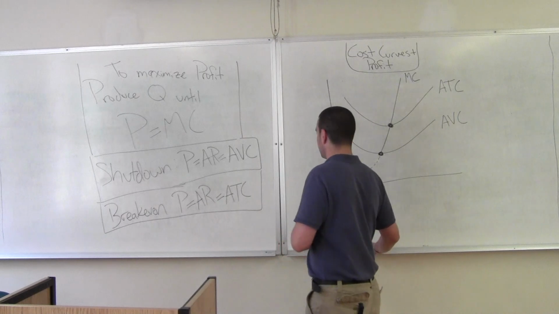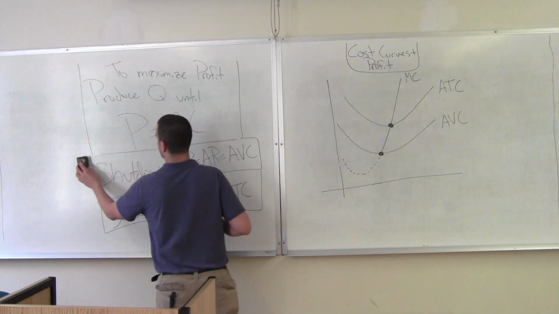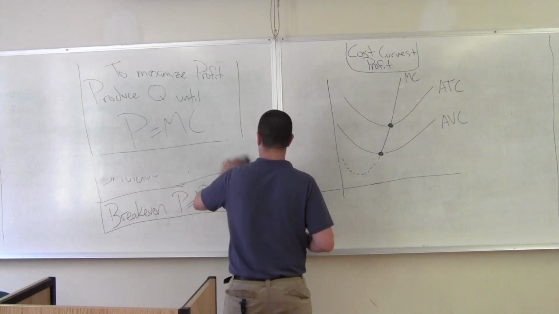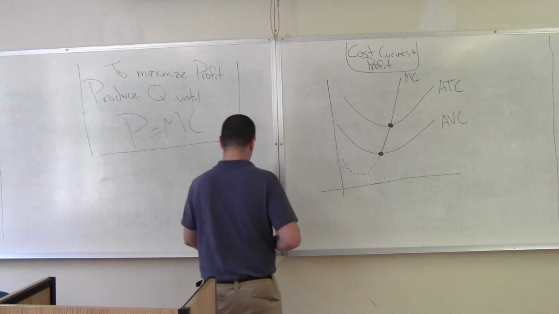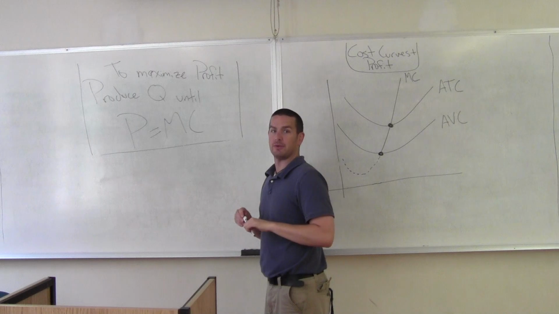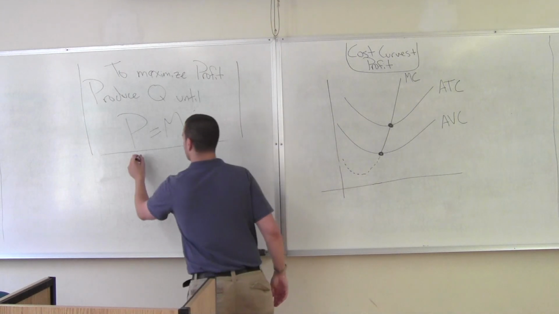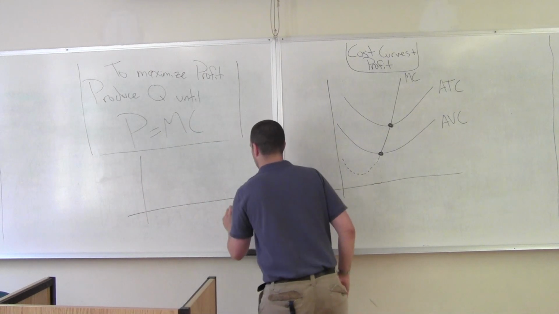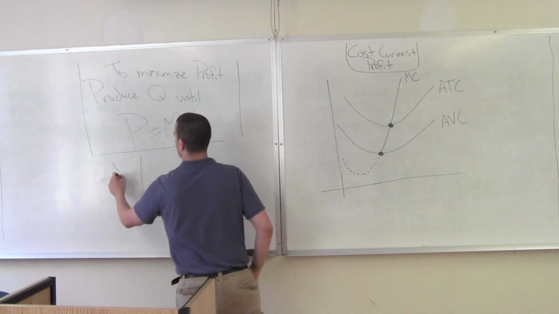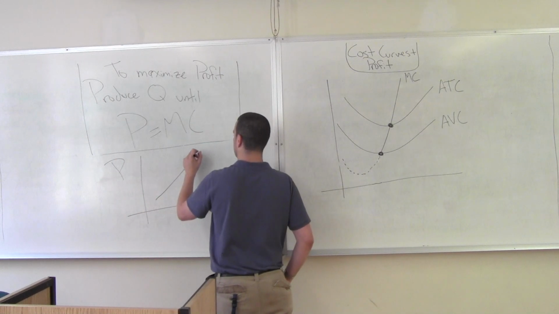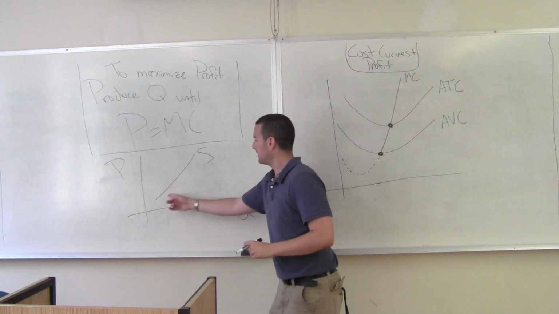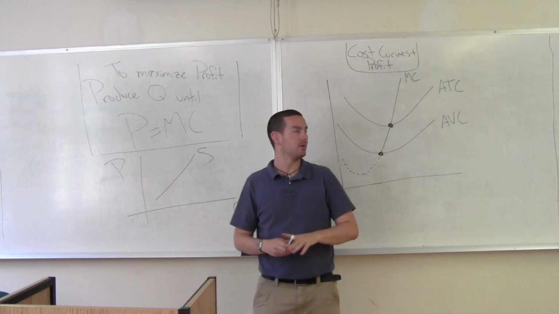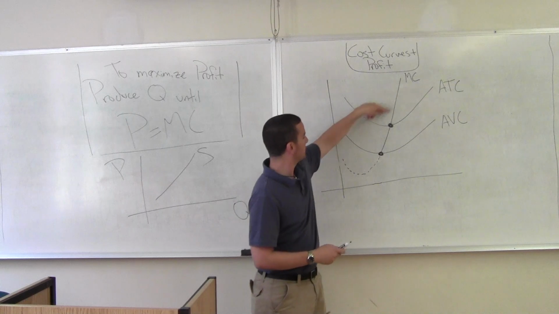So if you remember, from chapter 3 when we did supply and demand, you had a supply curve. The supply curve gets its shape from the marginal cost curve.